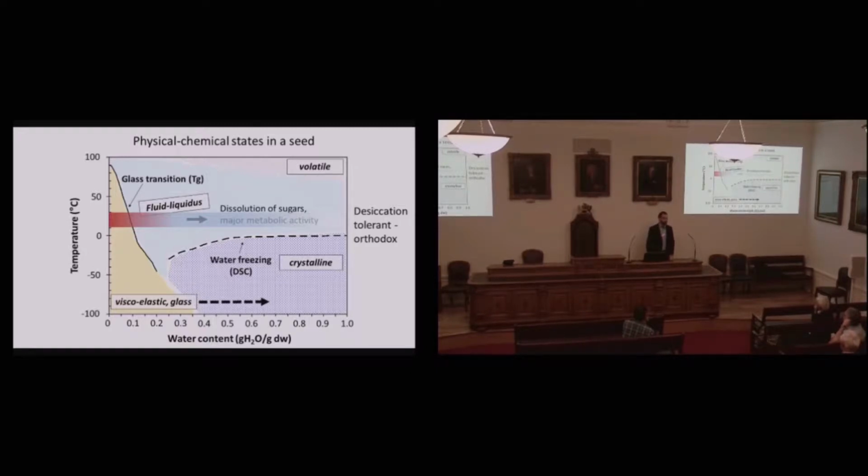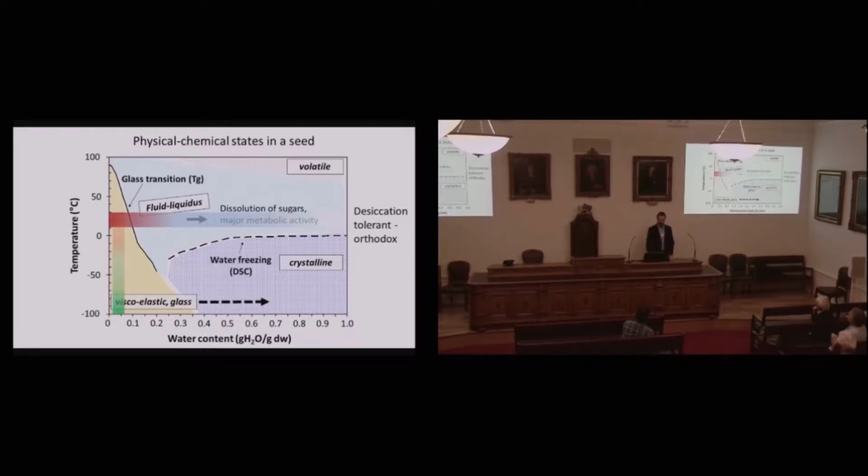In the case of desiccation tolerant materials, the orthodox seeds, this happens naturally when they dry on the mother plant or in ambient conditions. Or it can happen in a seed bank, where we dry them to water contents around 0.05, and then lower the temperature to -20 or to liquid nitrogen temperatures to favor longer term preservation.